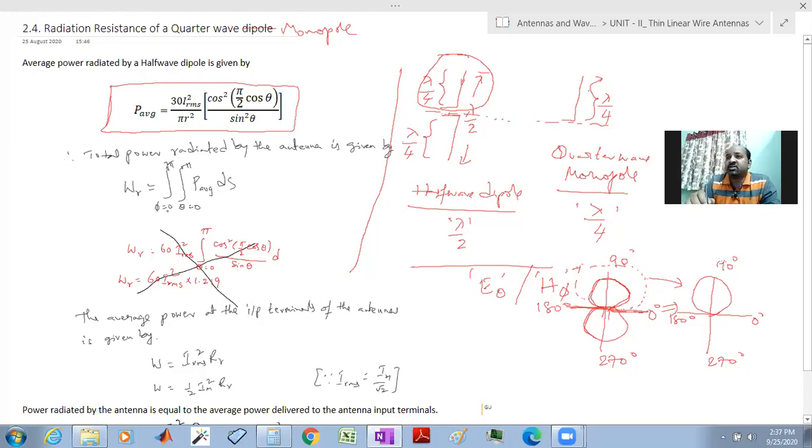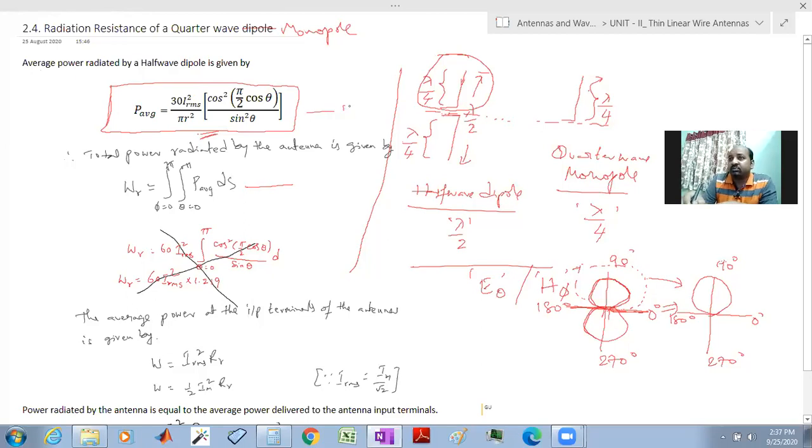Derivation of the radiation resistance of a quarter wave monopole. See here, I have copied the derivation of the half wave dipole directly here, just to explain the difference. The average power is the same, and this is the expression for radiated power.